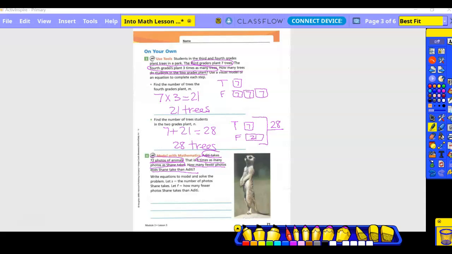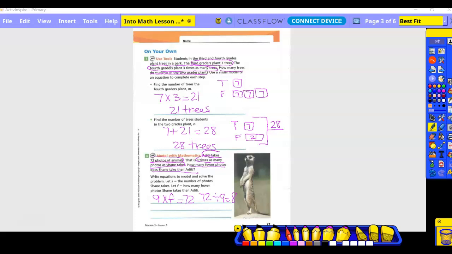Okay, so I'm going to take 9 times S, where S stands for Shane, equals 72. So how do I get S by itself? I do an inverse operation, which is 72 divided by 9, which equals 8.